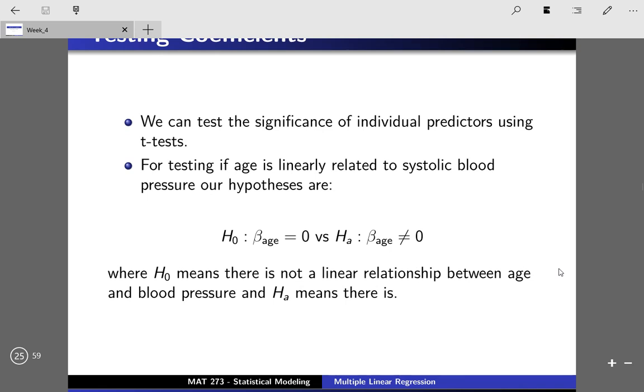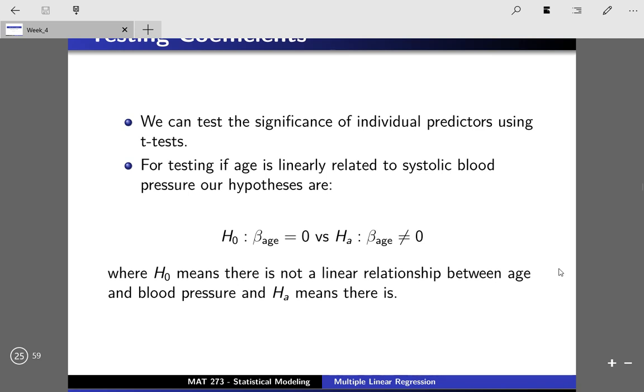So again, for multiple linear regression, just like simple linear regression, we can test the relationship of the response with each predictor. Not only can we test the whole model jointly using that F-test from the ANOVA table, we can also just test one predictor at a time.